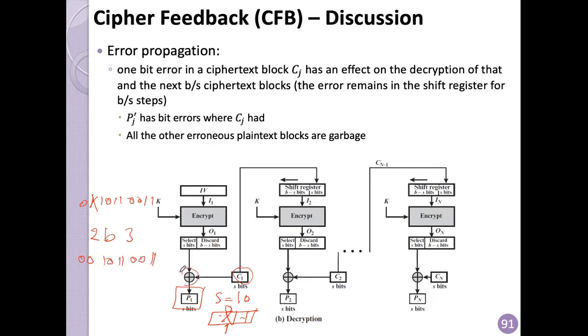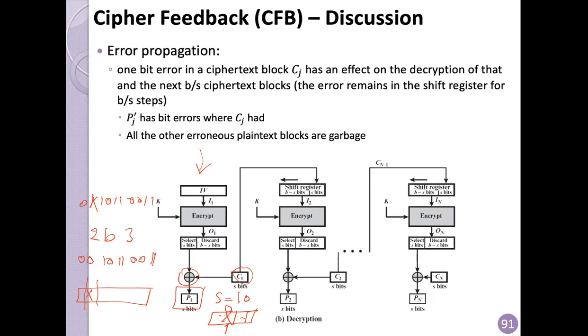When I do this XOR operation, the plain text of that block will have an error in the exact same bit position. We are talking about block number 1. The plain text in the decryption process will observe a bit error in the exact same position.